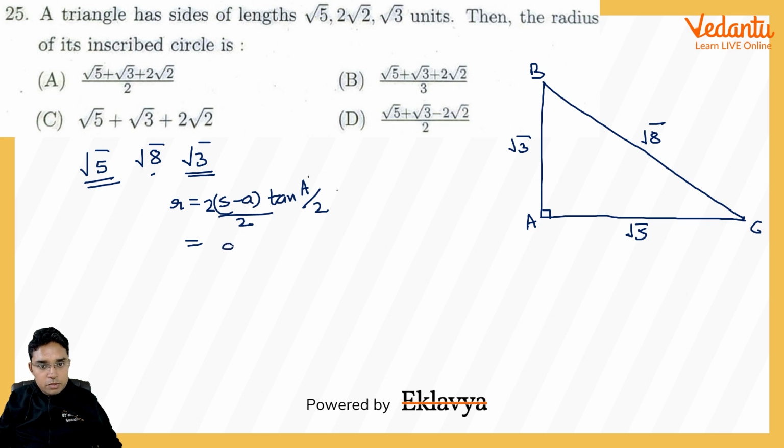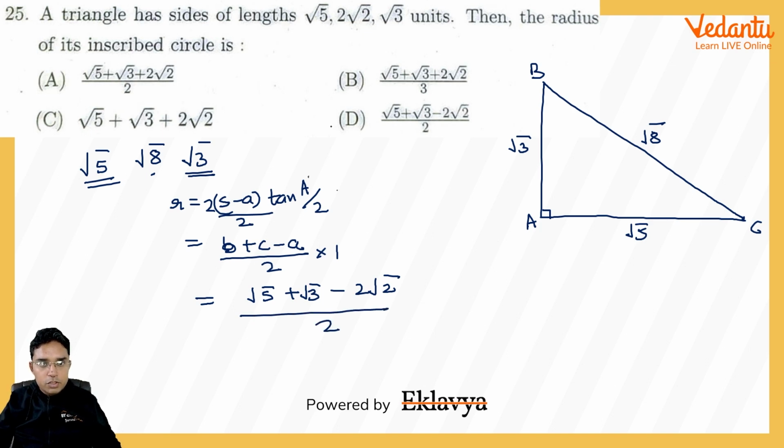So this becomes (b plus c minus a) in the numerator by 2. 2s is a plus b plus c, minus 2a if you do, so you will get this into 1, and hence this will become equal to root 5 plus root 3 minus root 8, which we can write as 2 root 2 upon 2. So the answer for this question is D.